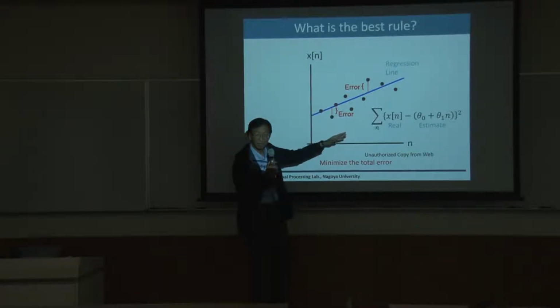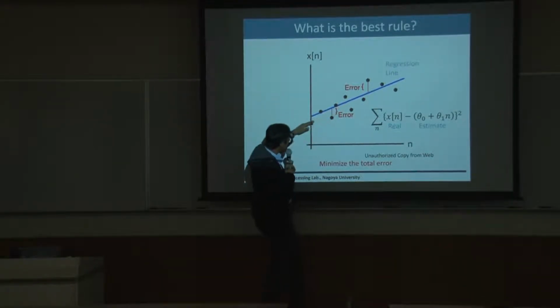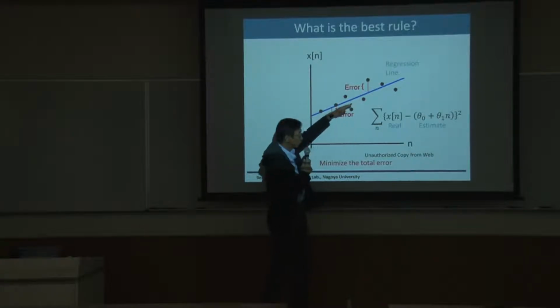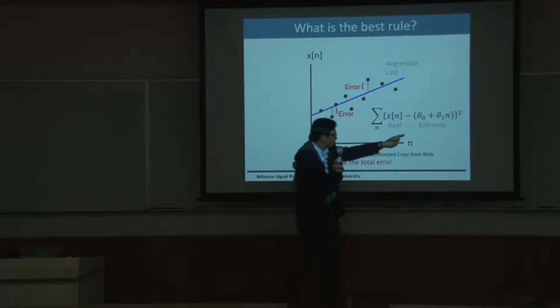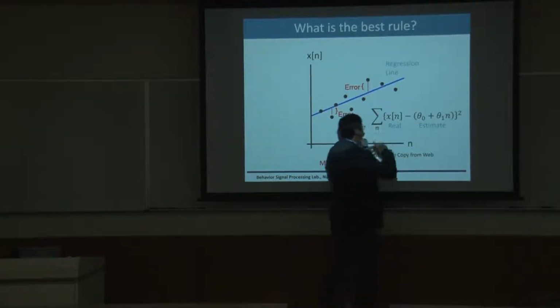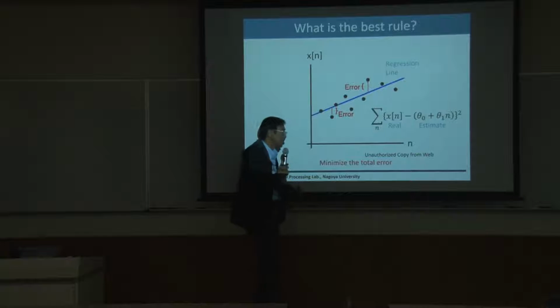This is reality. But this blue line, you can change its intersection and also its tilt, by changing theta 0 and theta 1. So you try, change, and find the optimal line, which gives you the least error.